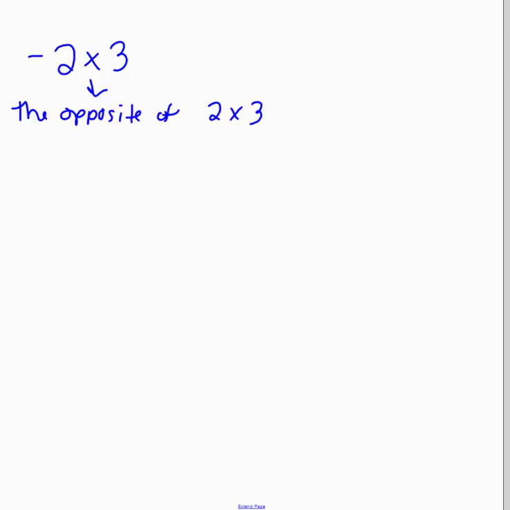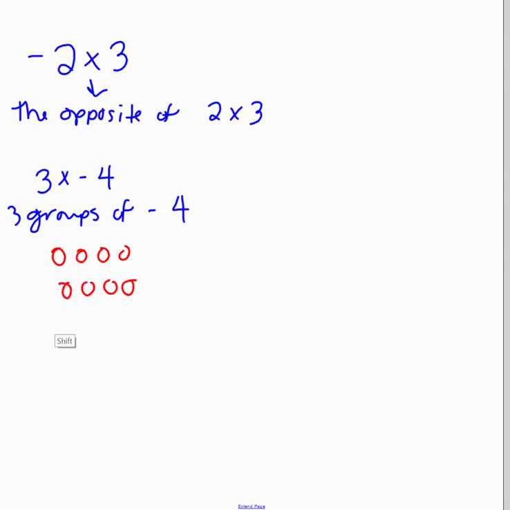Okay? Now, let's say we have 3 times negative 4. That means 3 groups of negative 4. So if you were to picture 3 groups of negative 4, with integer chips, for example, negatives are shown with red, so there's one group of negative 4, there's 2 groups of negative 4, there's 3 groups of negative 4.